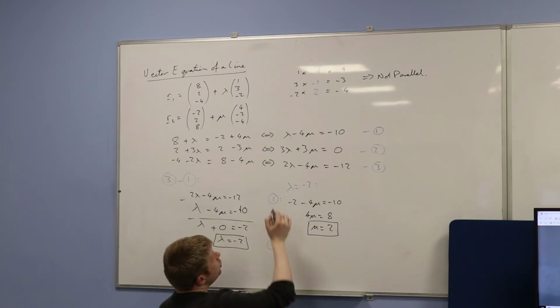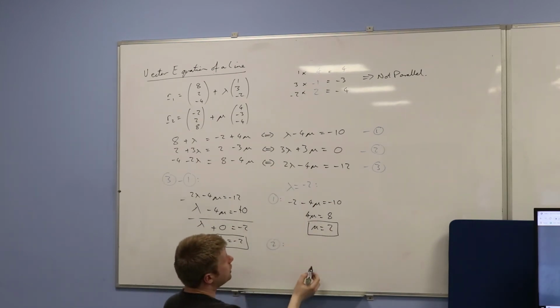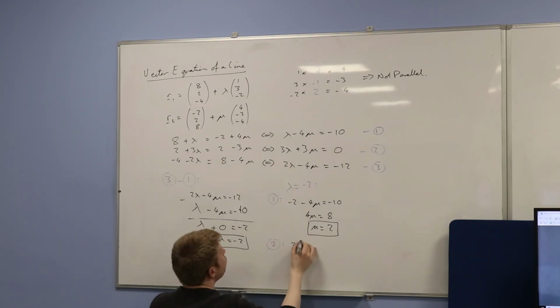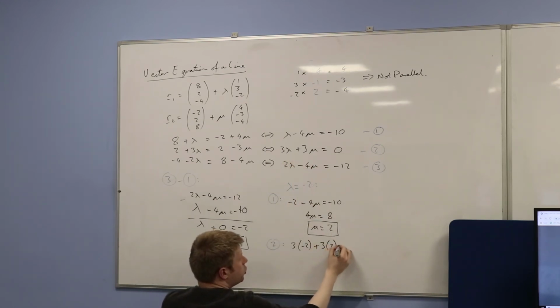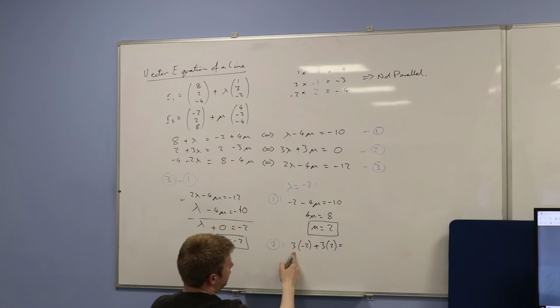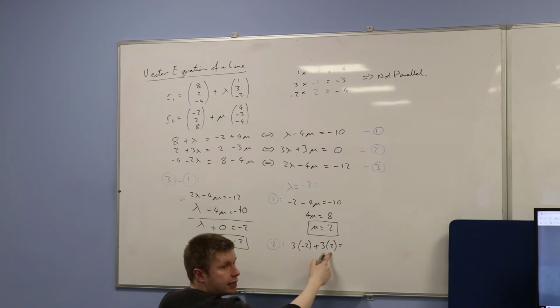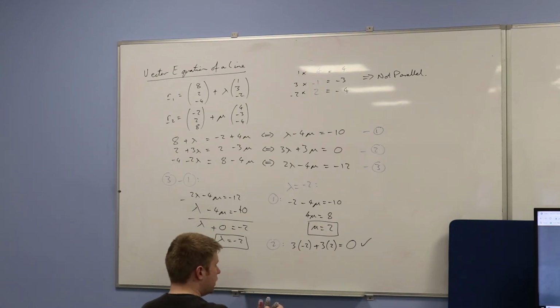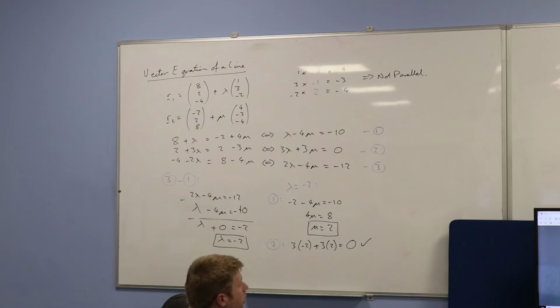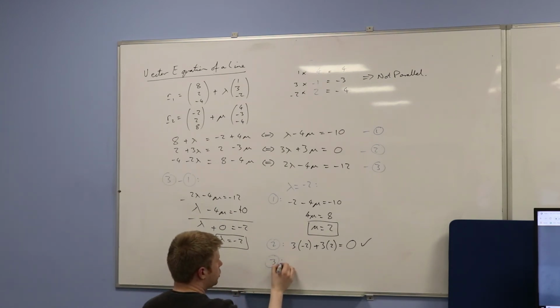Okay, so we're going to check in equation 2 whether lambda equals -2 and mu equals 2 works. I end up with 3 lots of -2 plus 3 lots of 2, which should equal 0. Negative 6 plus 6. Does that equal 0? Yeah, so that works. So far it's looking good. Let's try equation 3 though, because just because it works in 2 equations doesn't mean it works in all 3.